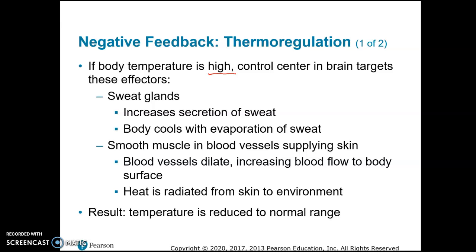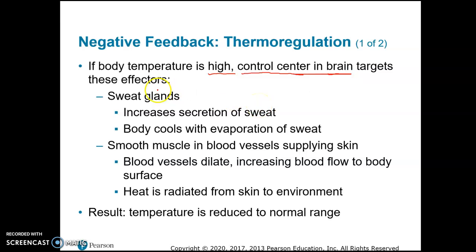They're called thermoreceptors, and some are located in the skin. The control center in the brain is actually the hypothalamus, where the information about body temperature is received.